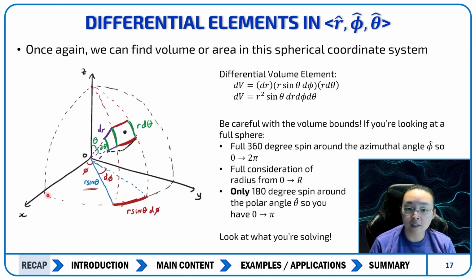So if I spin it around a full 360 degrees, I've created a sphere within a sphere. So that's too much integration. So just keep that in mind. For your polar angle, you're only going to integrate from 0 to pi. So we'll do lots more practice with this as well and draw diagrams so that you can see and look at what you're trying to solve.